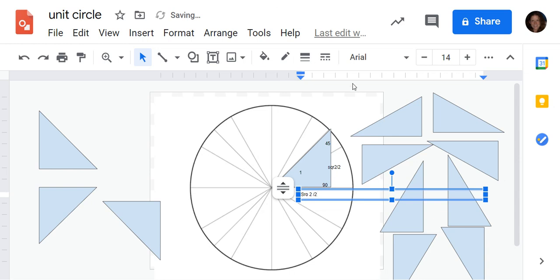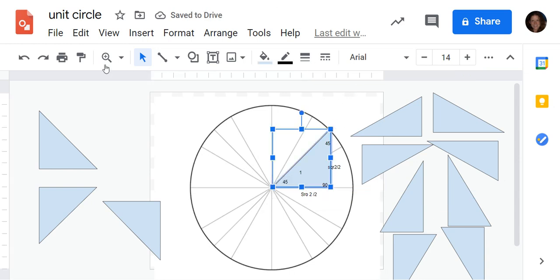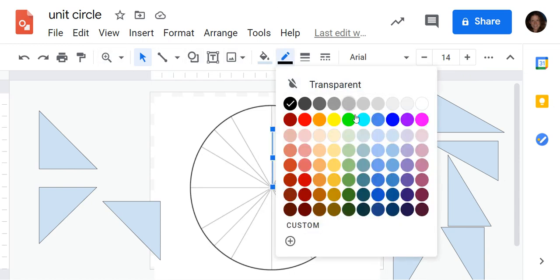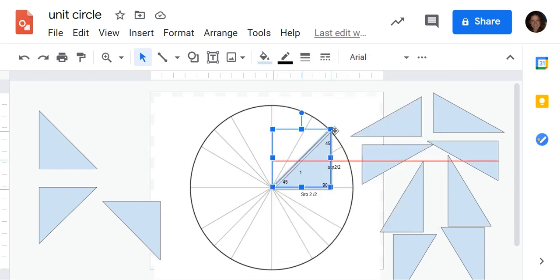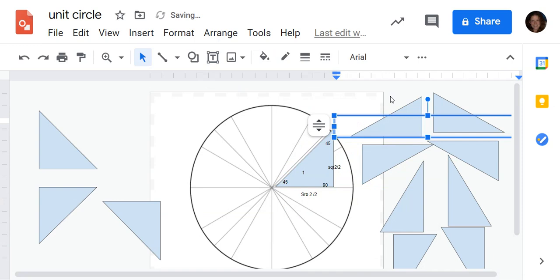So what this means is at 45 degrees, this point right here is square root 2 over 2, comma, square root 2 over 2. It's like a coordinate. Okay, and that's at 45 degrees.